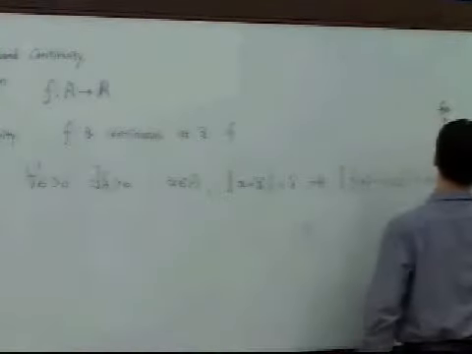Let's assume there is a function like this, okay? And there is x bar, right? And for very infinitesimally small delta, right? And this point also.